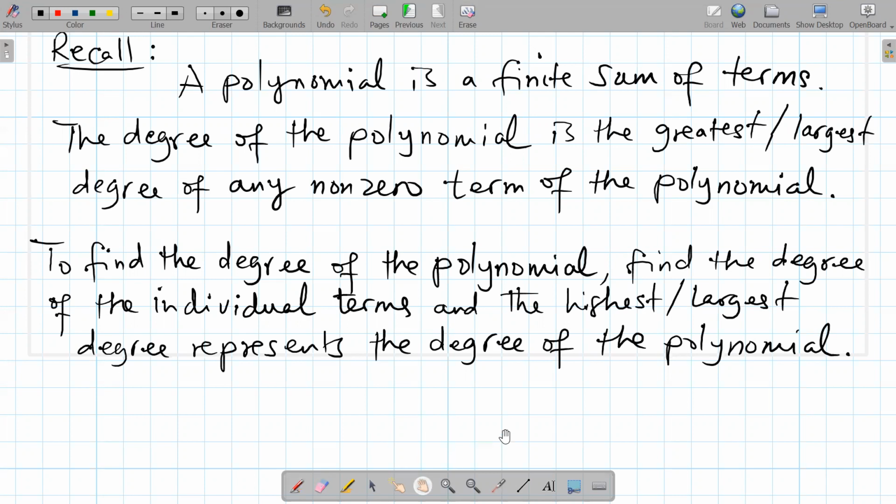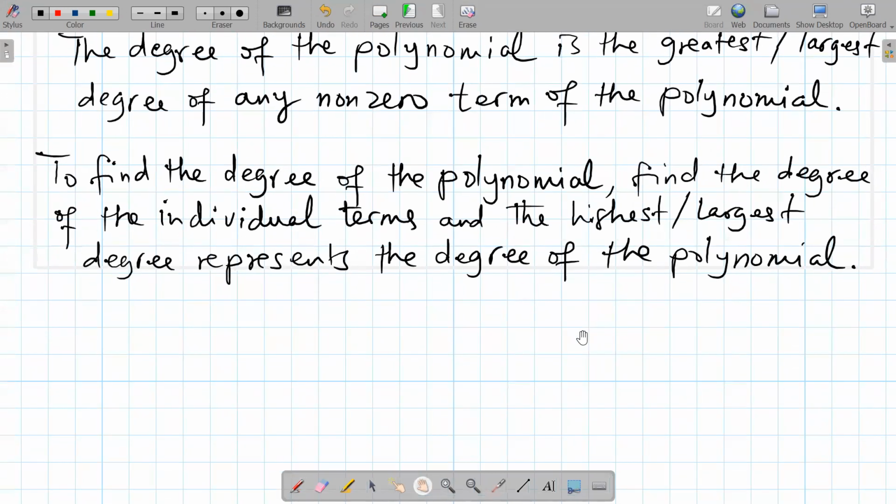So it is very, very easy, but you just have to be patient, look at all the terms in the polynomial, try to find all the degrees of the terms in the polynomial, and then just pick the largest as a representative of the polynomial, and that becomes the degree of the polynomial.